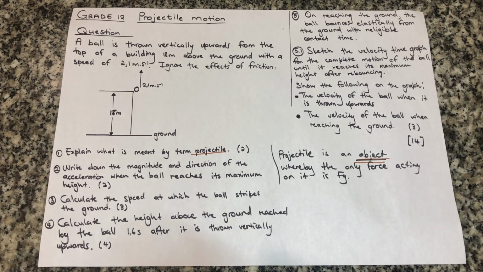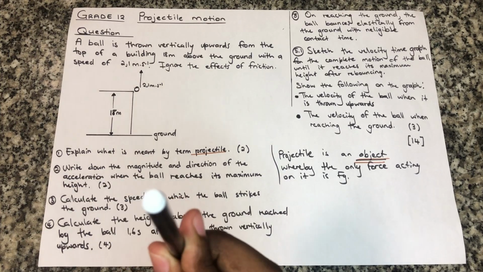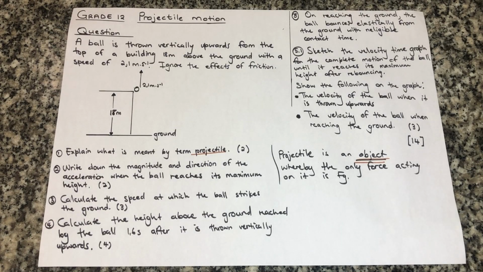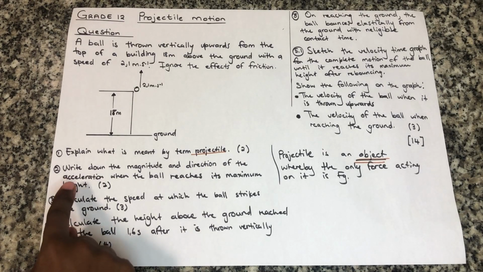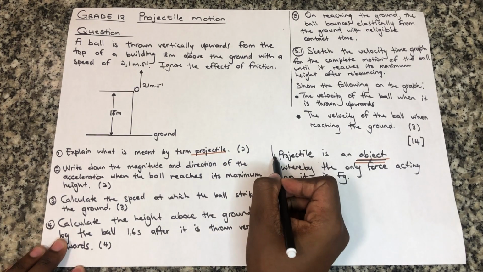You know that it's gravitational acceleration, which is 9,8 meters per second squared. When it's at maximum height, it's still gravitational force pulling it downward. That's why at maximum height it stops and comes back.